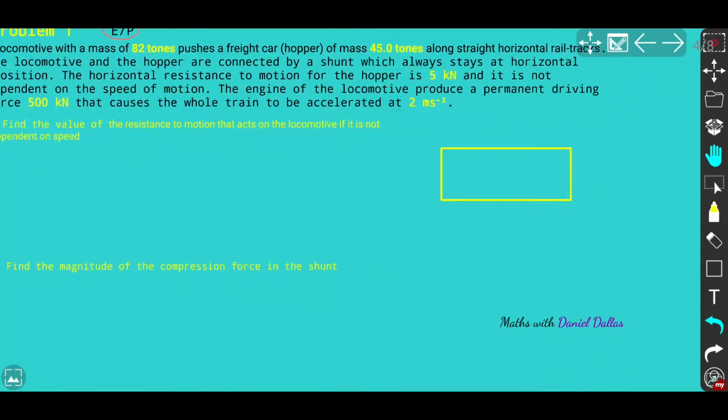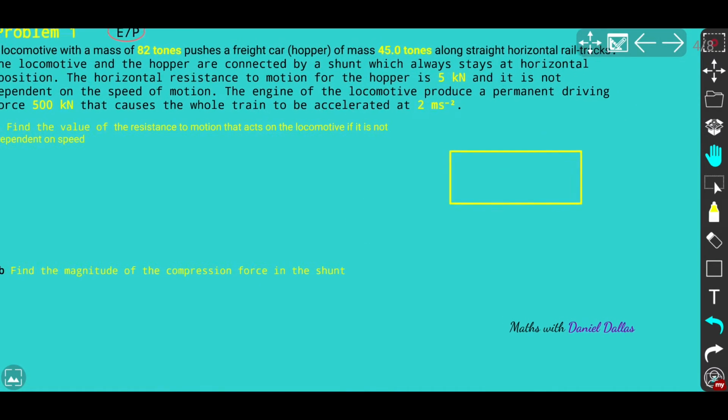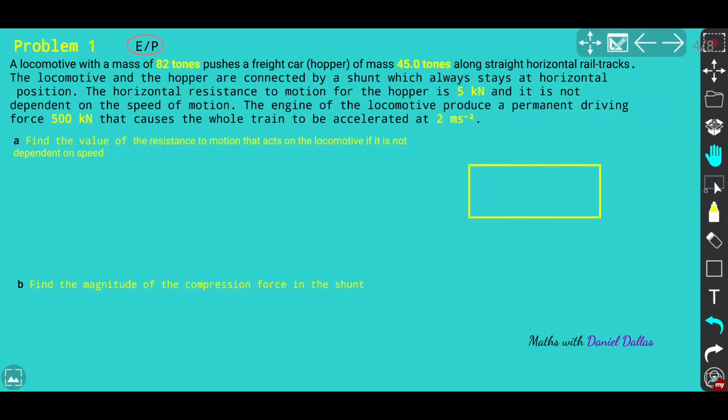I'll simply exclude all internal interaction of the two bodies within the system. That means right now I have a single object that includes the locomotive and the hopper itself. And I'll consider only the force that acts on each part of the body, but as if applied to the whole object. That idea will simplify our solution.